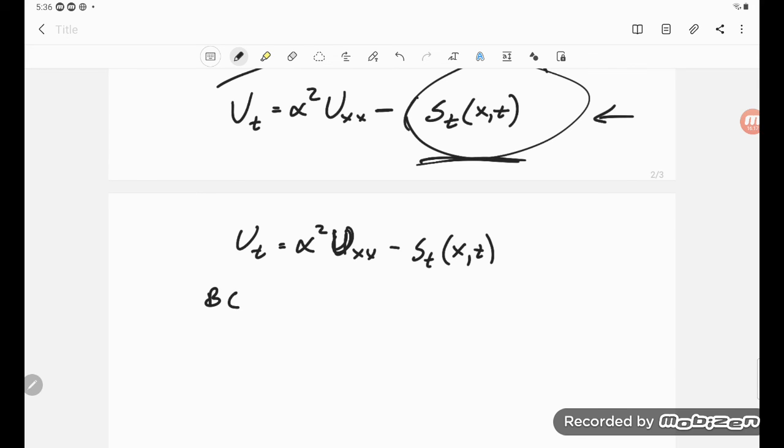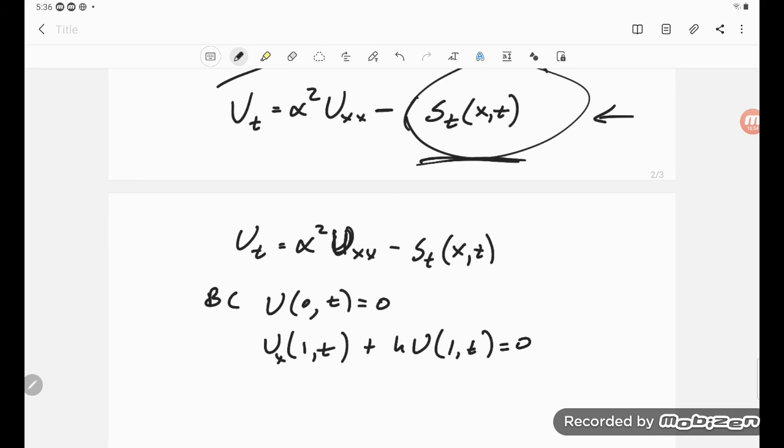And then we have our boundary conditions, u sub x. Well, they've written them backward. I just noticed. There are little things that are kind of strange here and there. So I would write this as u of 0, t equals 0, and then u sub x of 1 and t plus h u of 1 and t is equal to 0.